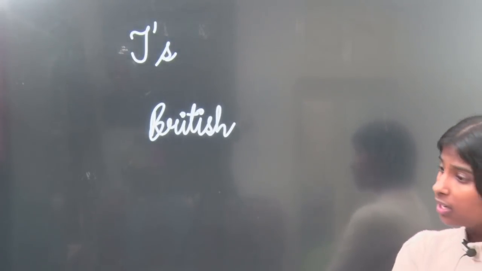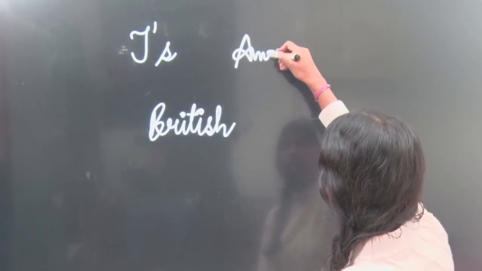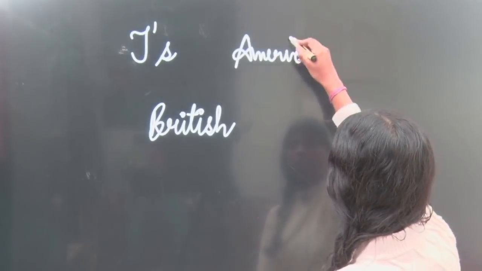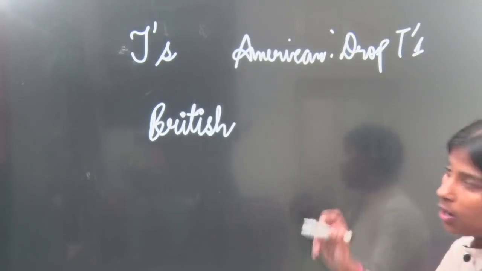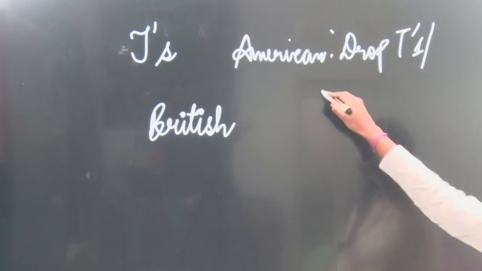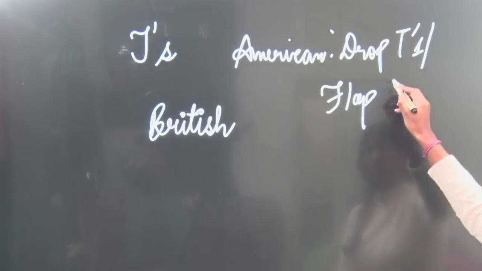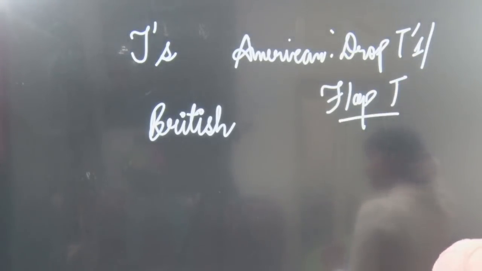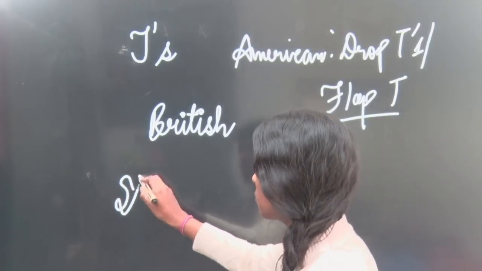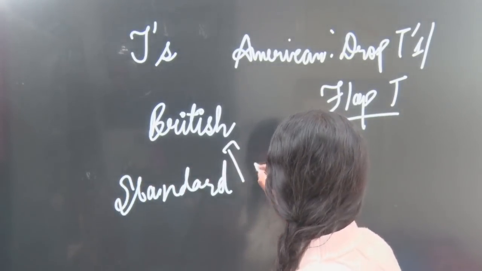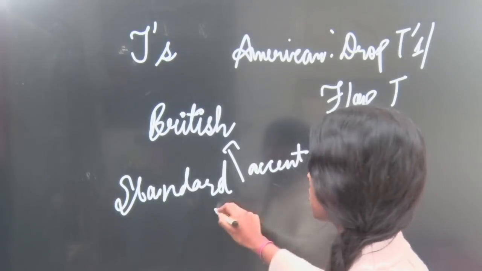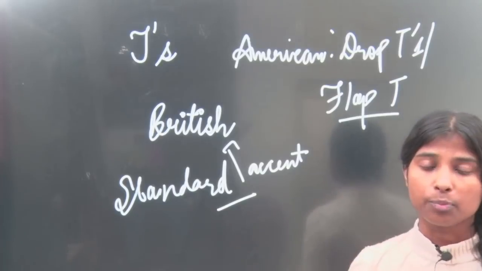Moving on. So the T's. Now, what you need to know about T's is that American people usually drop their T's, or they pronounce a flap T sound. But according to standard British accent, you're always going to pronounce T. For example, in the word British.